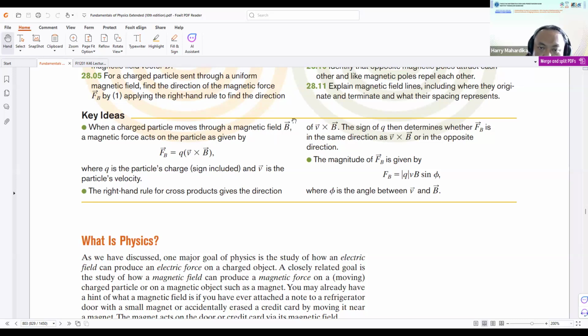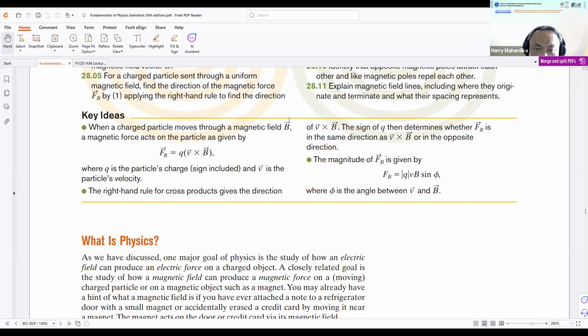magnetic field B. Okay, so in this case, the magnetic field has a different variable being used here. If we remember the previous lecture on electric fields, we use capital E with an arrow above it, which tells us the field quantity is a vector quantity.